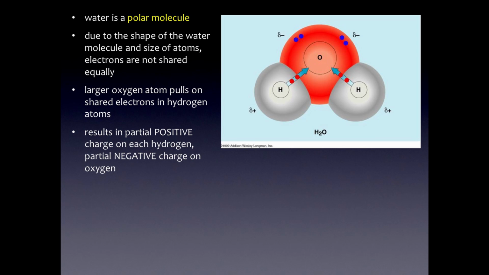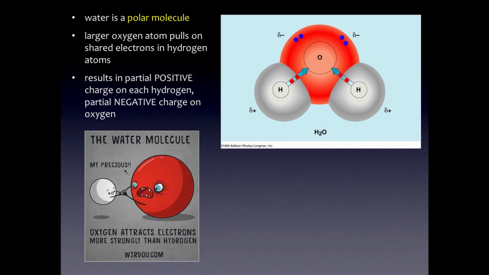Because the oxygen atom is larger, it tends to pull more on the shared electrons. What ends up is that there's more of a negative charge on the oxygen end of the molecule, and a partial positive charge on the ends of the 2 hydrogen atoms. So once again, because oxygen is larger, it's kind of a bully.